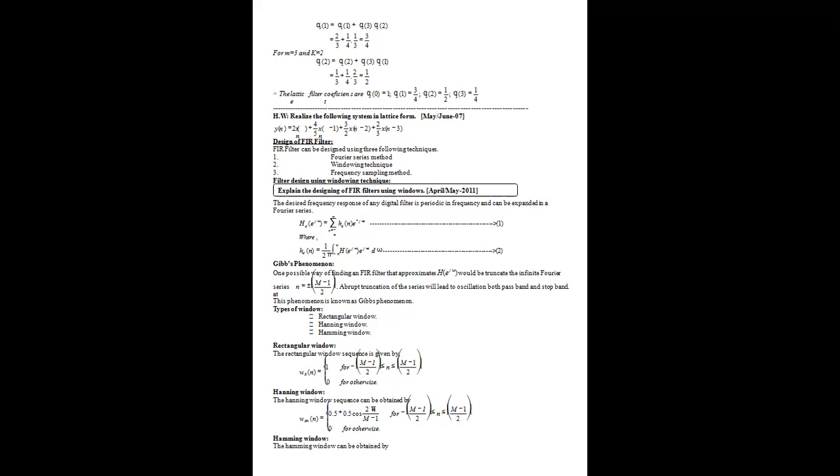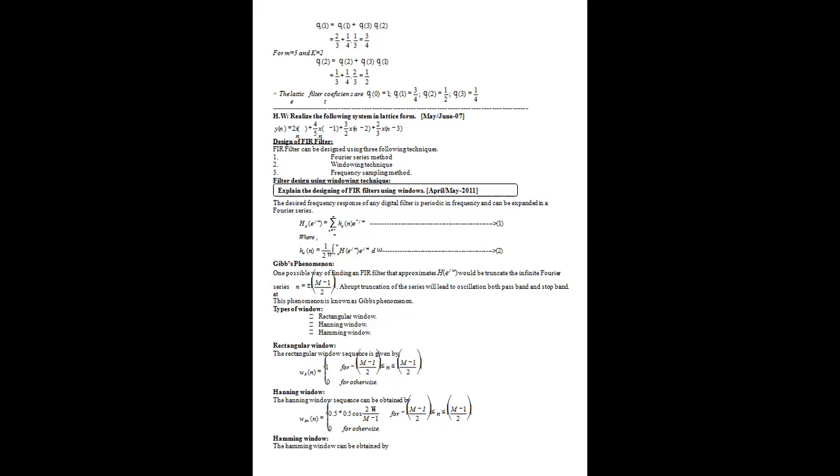So this phenomenon is known as the Gibbs phenomenon. Okay. So when you make an approximation of H of e power j omega, it would truncate the infinite Fourier series. So this truncation will lead to oscillations in both the passband and stopband. So this phenomenon is known as the Gibbs phenomenon.